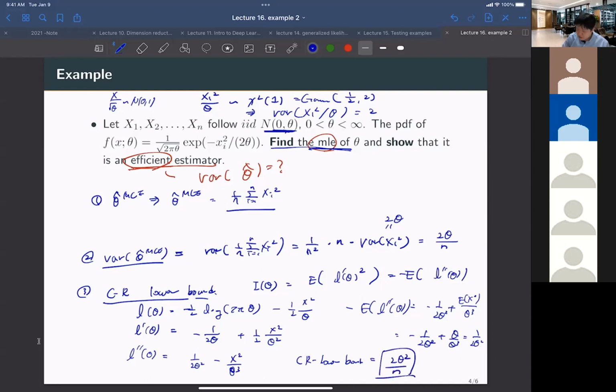So this is the lower bound. And now, oh, what happens?